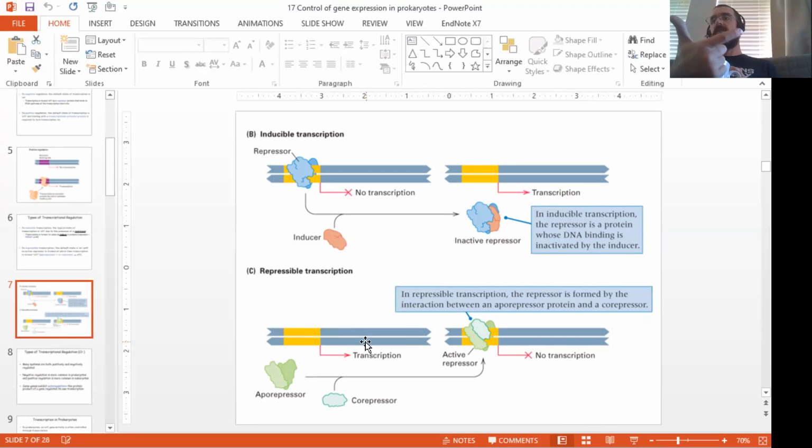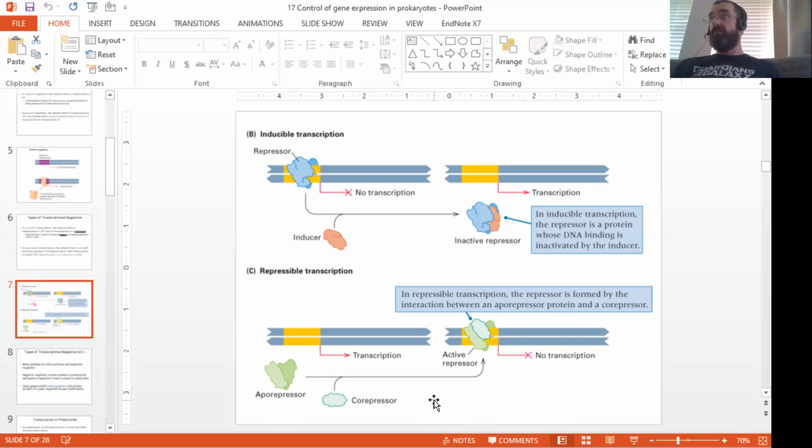So that's inducible. In repressible, essentially here you have transcription occurring normally, right? So this is the kind of the opposite. And that aporepressor is unable to bind, right? It's not in the correct conformational state. And so when that co-repressor is present, and again, that could be a metabolite, it doesn't have to be a protein or anything else.